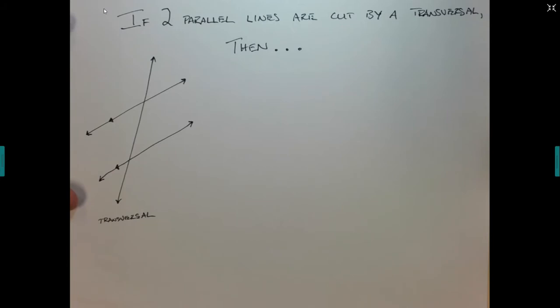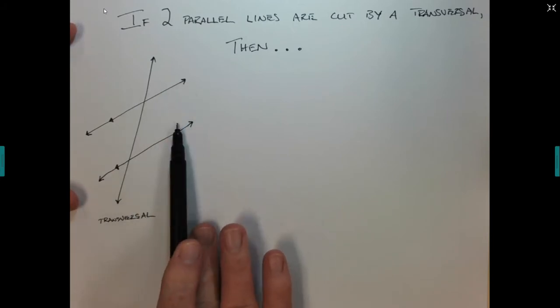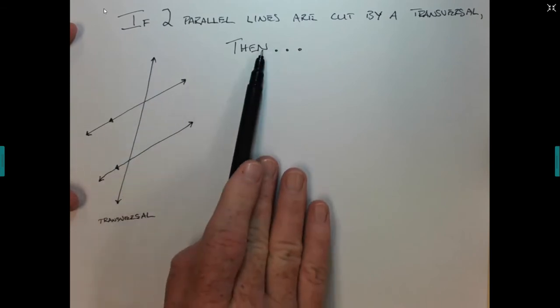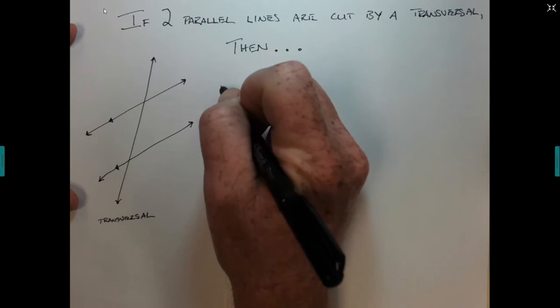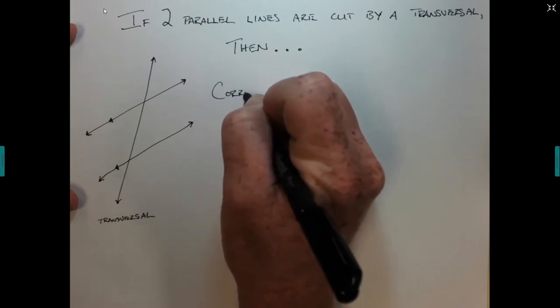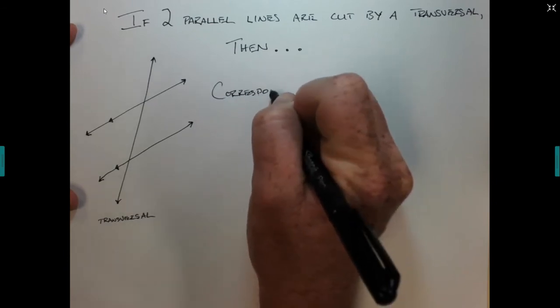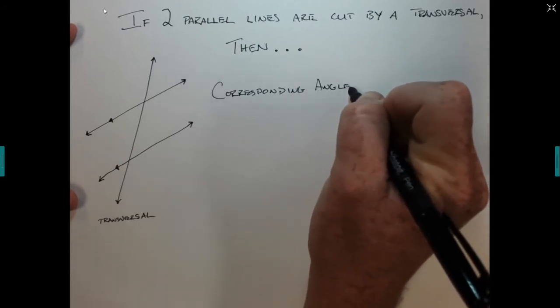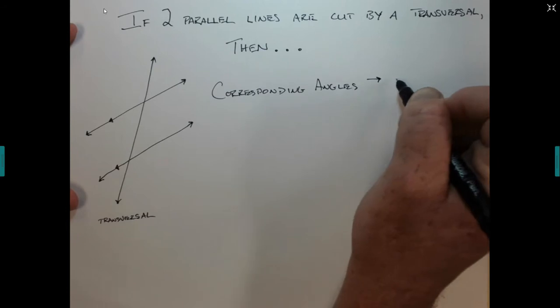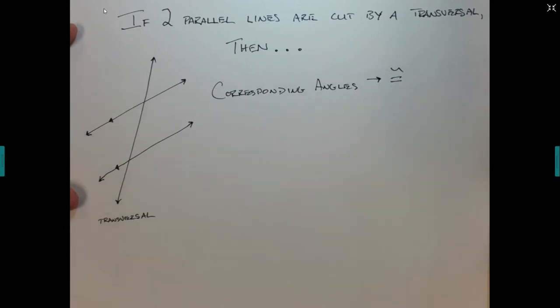All right. If we have two parallel lines that are cut by a transversal, then we knew a whole bunch of things. We knew that the corresponding angles were going to be congruent.